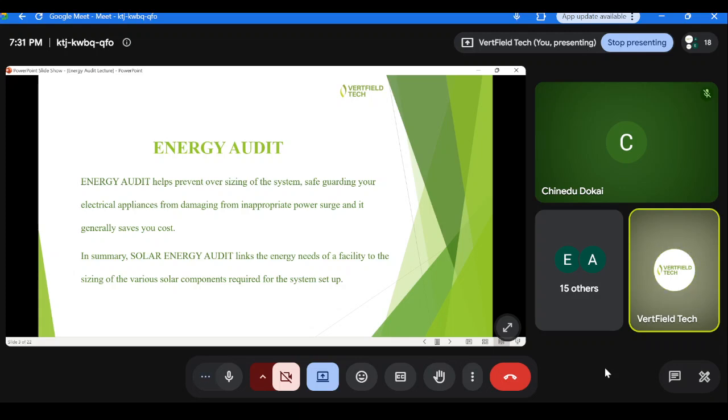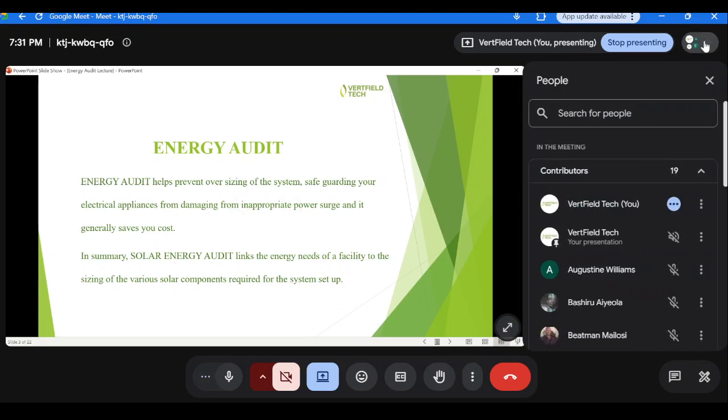And finally, energy audit also saves you costs. How does energy audit save you costs? Take for instance again our client whom we used as an example before, Madam Miriam, our client for tonight.